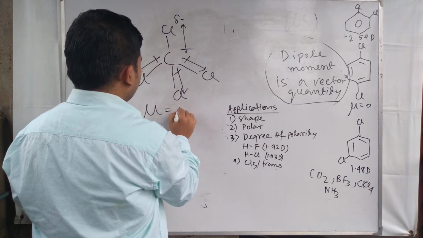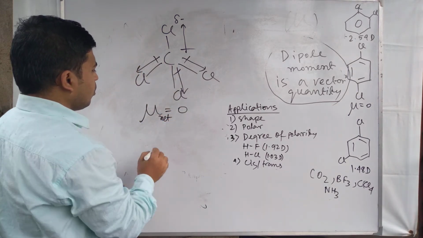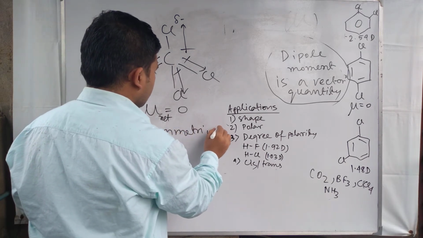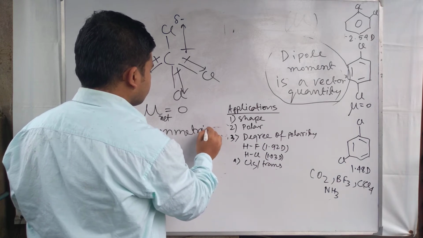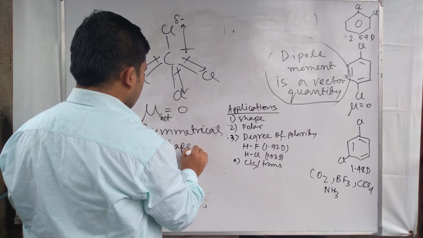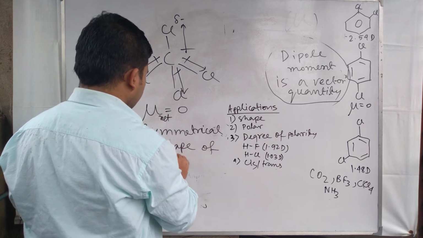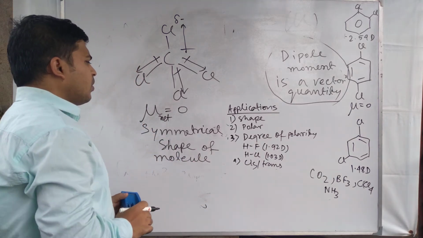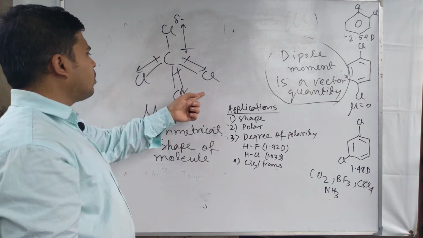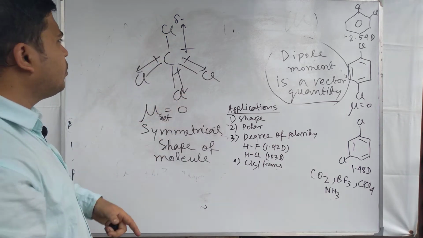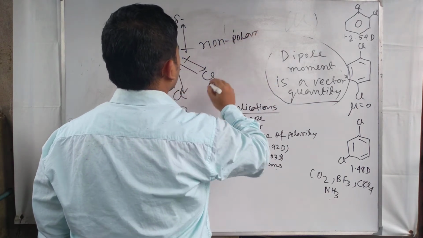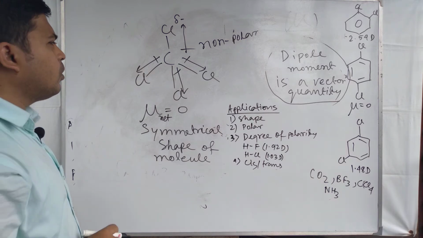Here the dipole moment, or mu net, is 0 because of the symmetrical shape of the molecule. Because the molecule is symmetrical in shape, the dipole moment of this molecule is 0, mu net is 0, and this molecule is a non-polar molecule.